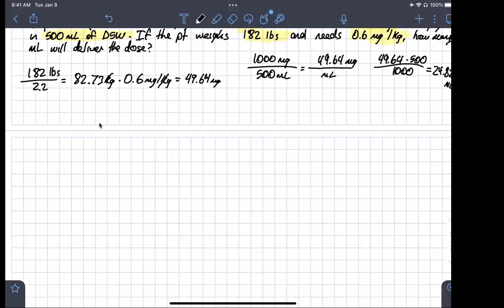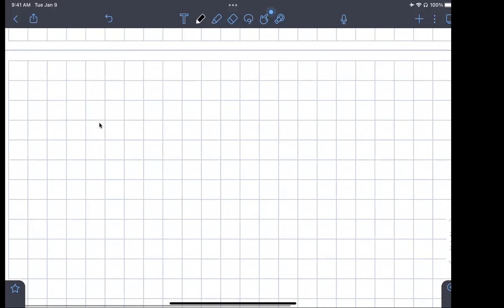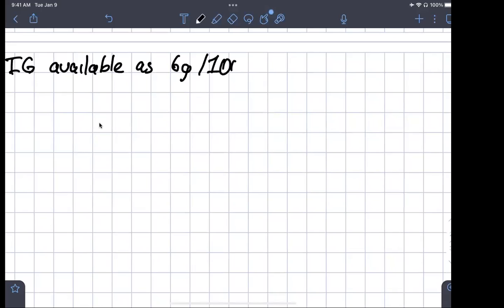Okay, we will do this one because I remember this one being a tough one last night. It's going to be number 10. So I'm going to put IVIG, but just know that's immune globulin. It's available as 6 grams per 100 mils.